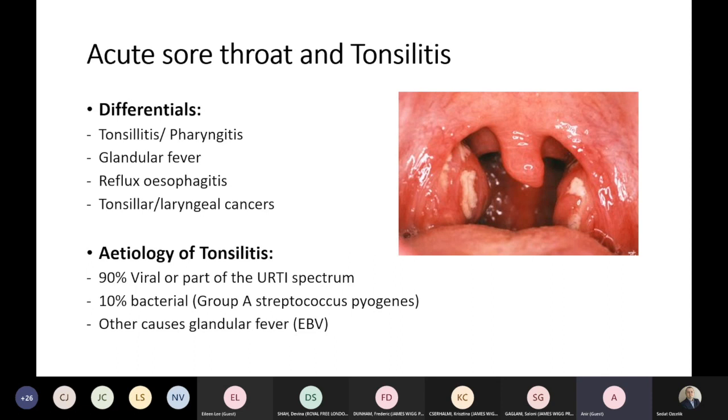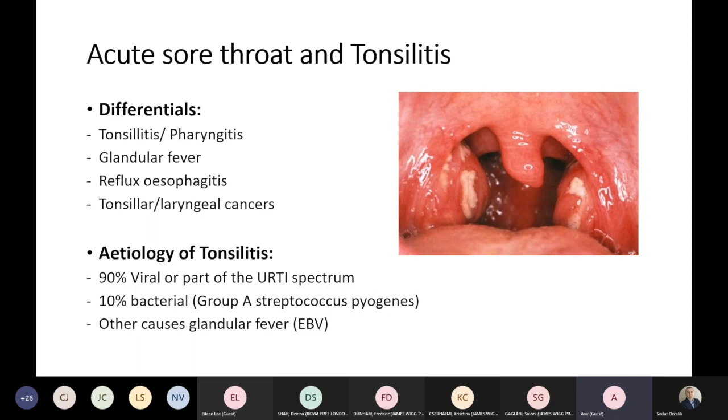So remember that if there's more of a subacute history, if there's a presentation of fevers, a sore throat over several weeks, fatigue, you may want to think about glandular fever, which is a viral infection caused by the Epstein-Barr virus, and it's common in younger individuals, younger adults.